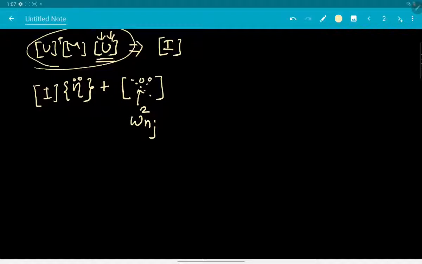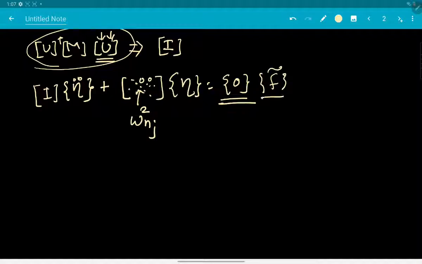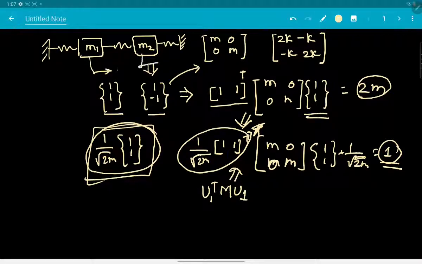All of the off-diagonal values will be 0, so it will be a diagonal matrix, and here you have n that is equal to 0 when there is no forcing. If there is any forcing, then you get a force vector over here. That force vector is nothing but u transpose applied onto the force vector which was acting over here.